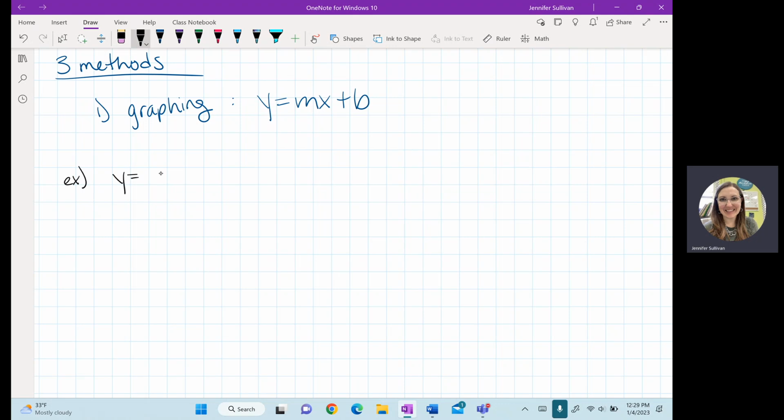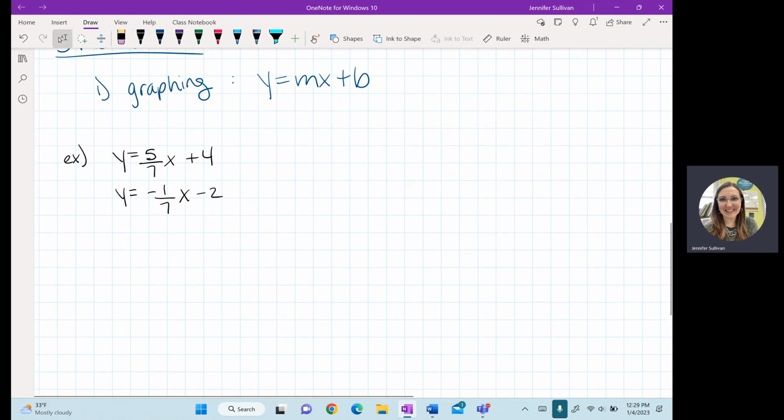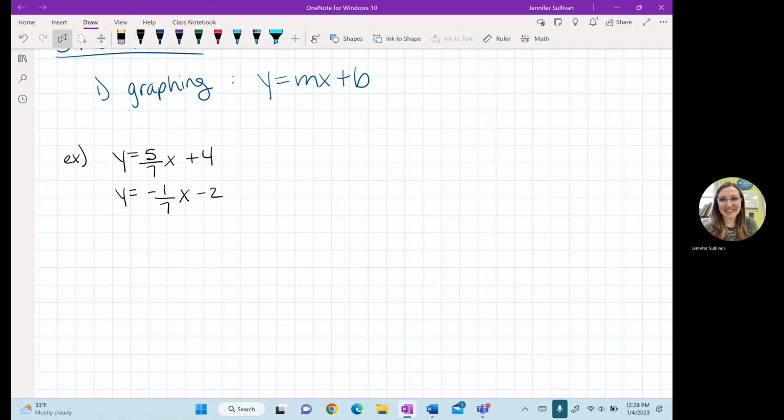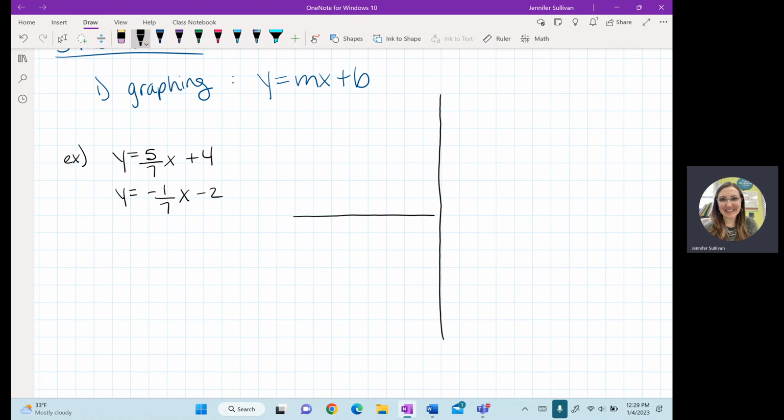If I give you y equals 5/7x plus 4 and y equals negative 1/7x minus 2, and I'm telling you to graph in order to solve, well, what's going to happen here is that I'm looking for the coordinate point that is the solution to both of these lines, meaning if I put them into the original equation, it works for both of them.